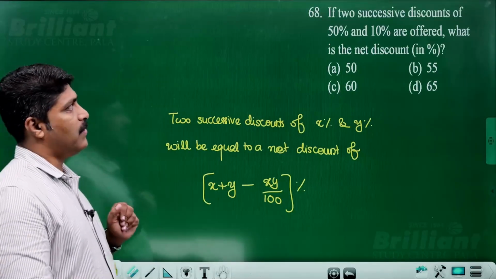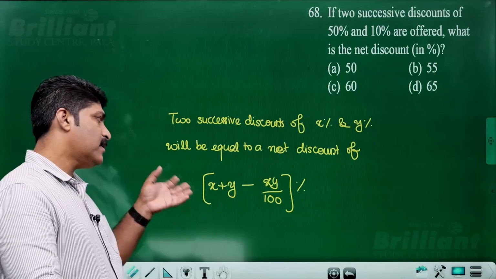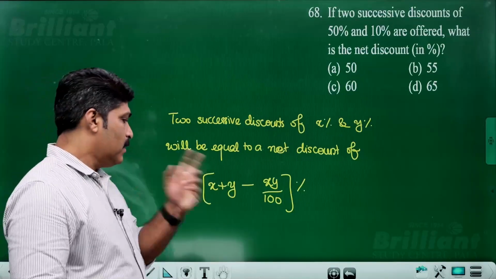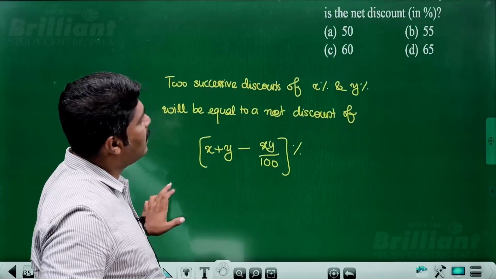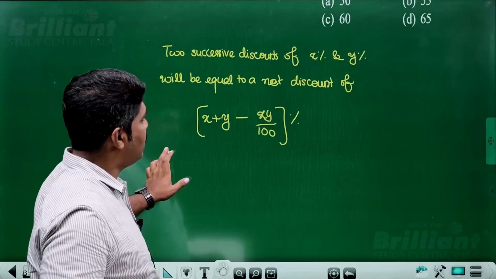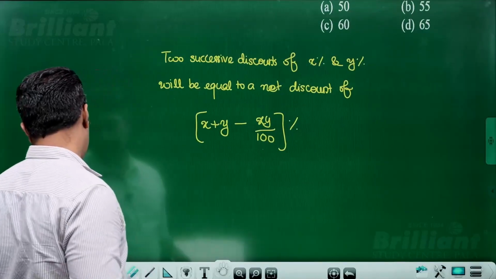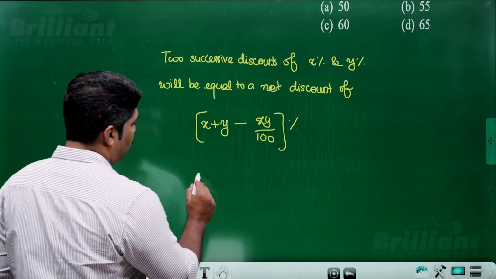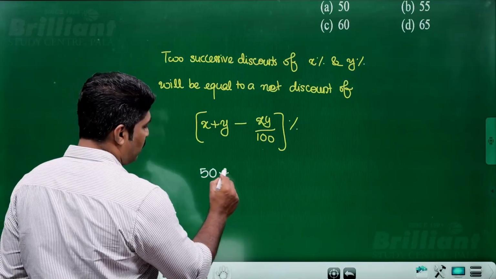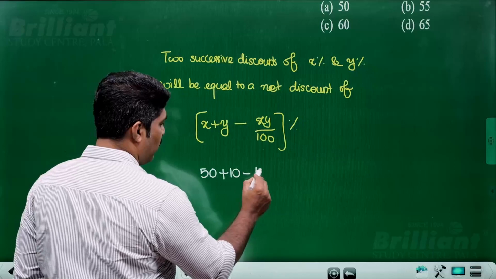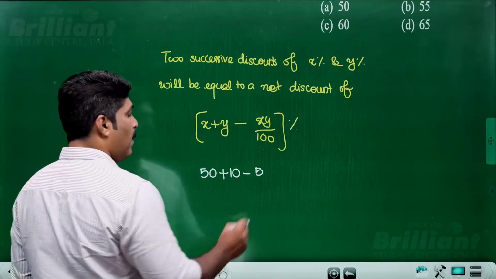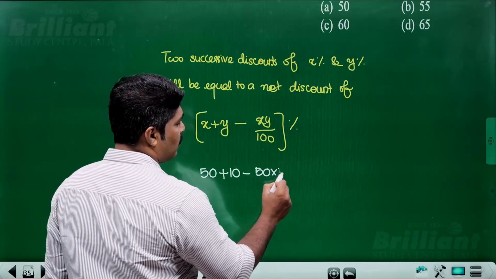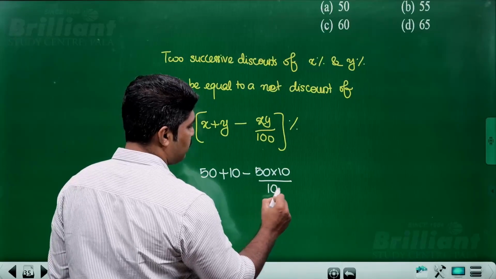2 successive discounts of 50% and 10%. Just apply this result. So 50% and 10%, it will be 50 plus 10 minus 50 into 10 by 100.